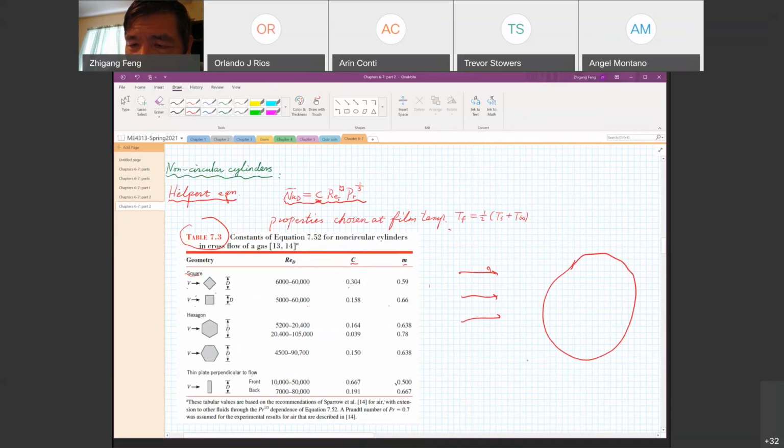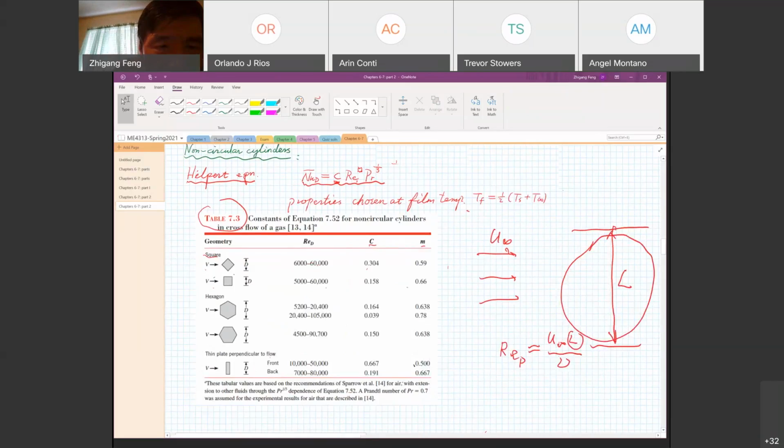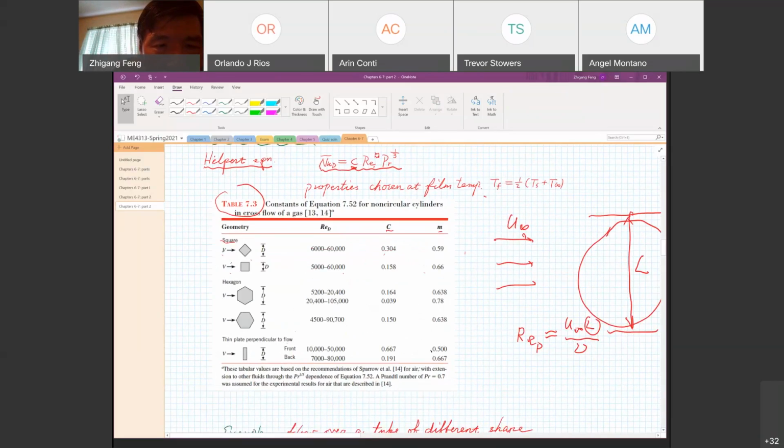The Reynolds number is equal to the velocity U of the flow multiplied by some reference length divided by the kinematic viscosity. So how do you choose this reference length? We choose the length that is perpendicular to the flow direction. I assume this has been taught in fluid mechanics. That's exactly what we do here. For the diagonal case, we choose the diagonal as the reference length. For this flow direction, we choose the side length as the reference length.